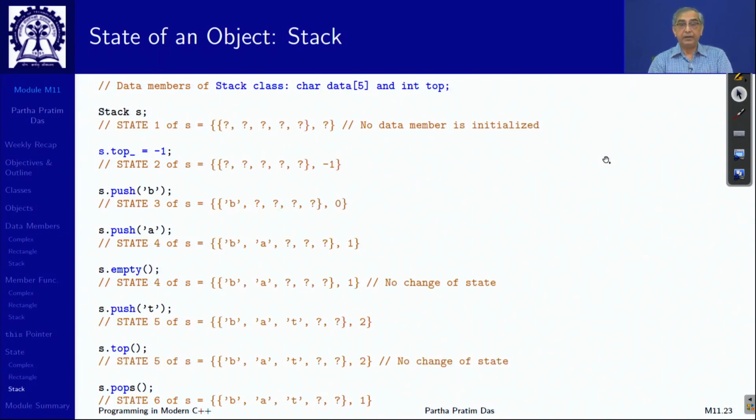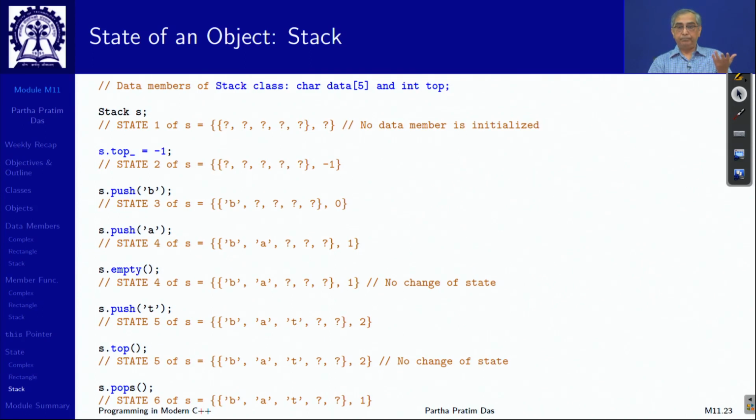Similarly, here is the state of the stack. If the stack has a container which is of size 5 characters and top is the marker, these are the 2 data members. So it is all the values in that array and the top marker; the value of the top marker decides the state. It is possible that some of those are unspecified, indeterminate, because when you start there is no element in that array.